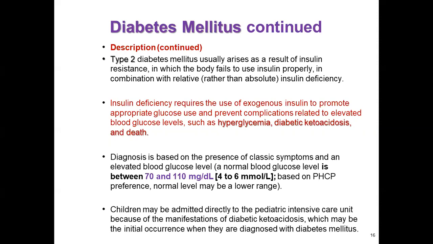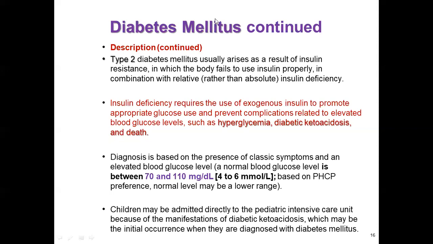We can check blood sugar random, fasting, or glucose tolerance test, any one. Usually for the fasting blood sugar the patient must not eat for at least 8 hours. Then we check the blood sugar level.